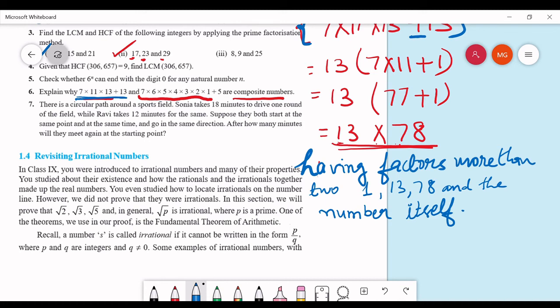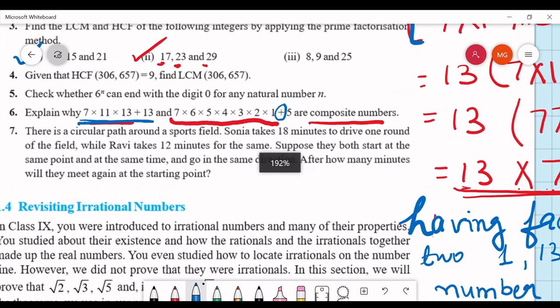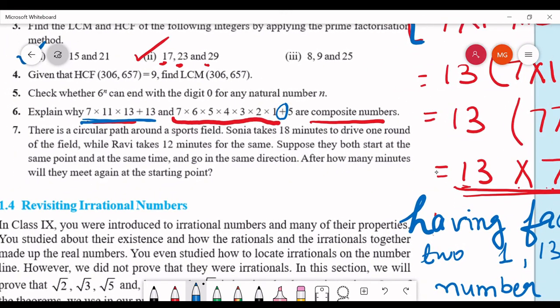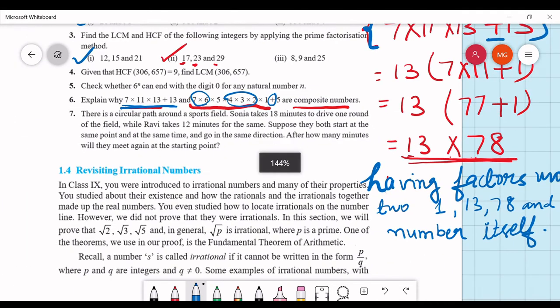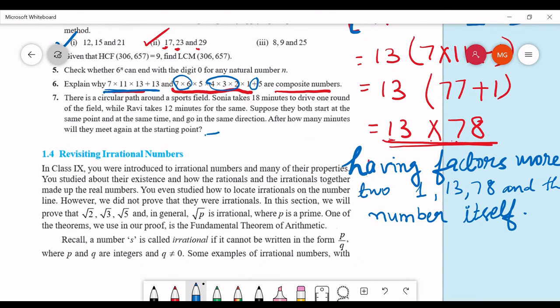And the same thing you will be doing for the second one. This is 7 multiplied by 6 and all, whatever it is, you are having a plus sign in between, right? So again, when you take out this 5 common, you will be multiplying the rest of these values, that is 7, 6, 4, 3, 2, and then adding 1, and then you will be getting that something is multiplied by 5, right?